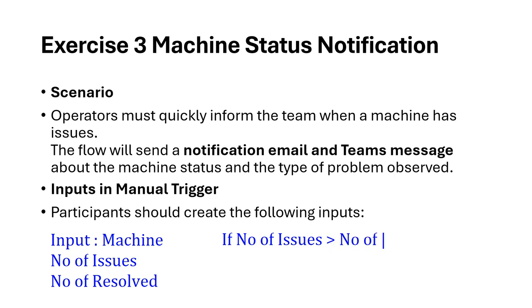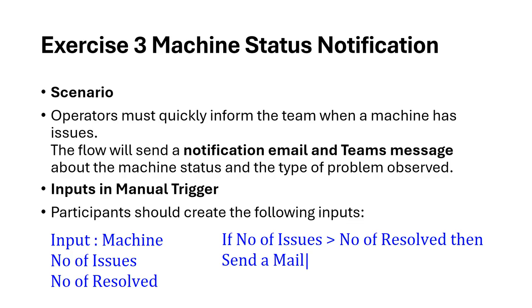Otherwise nothing. I don't want to do anything here. If all the issues have been resolved, then no problem. If all the issues are not resolved, say 10 issues have been reported and only 7 have been resolved, 3 issues are pending. So if the number of issues is greater than the number resolved, then send a mail. That's all. You try this.